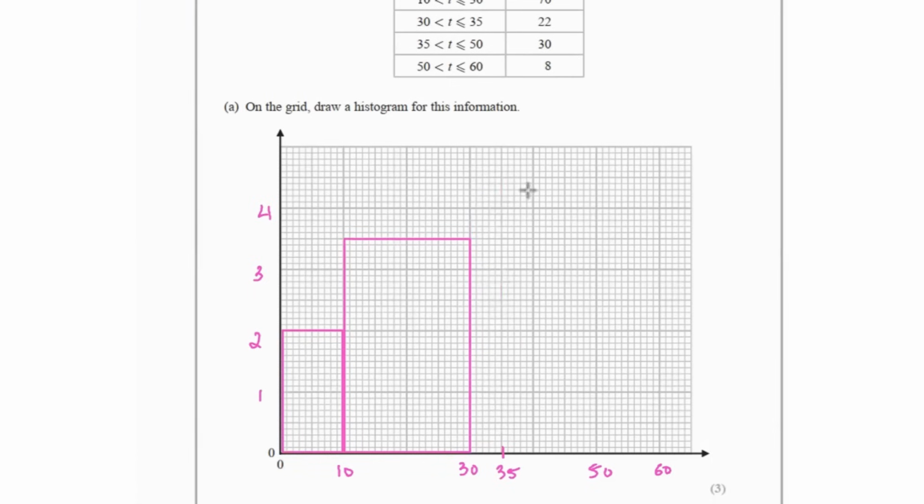Then 35 to 50, we have 2 again. And the last one is 0.8.